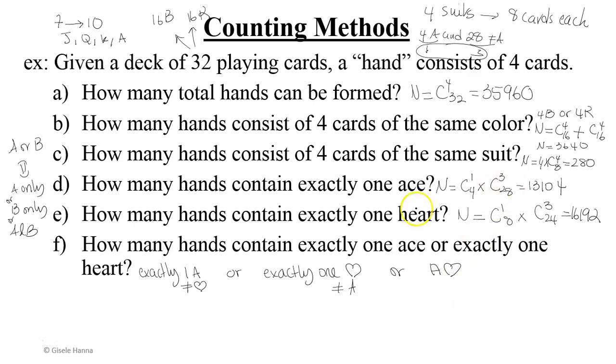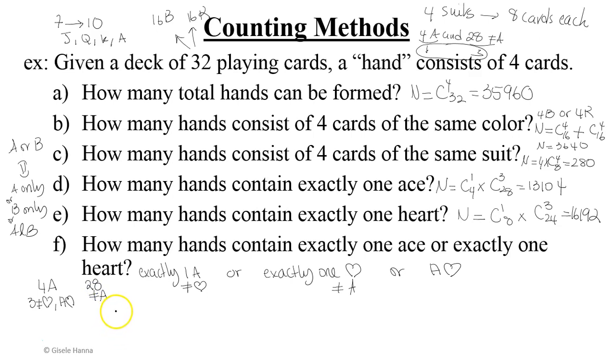Okay, so over here, exactly one ace that is not the ace of hearts. We know that there are 4 aces, of which 3 aces are not a heart and 1 ace is a heart. And for the remaining cards, we have 28 cards that are not aces.